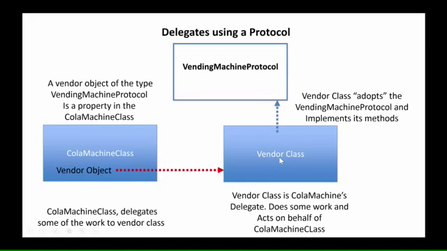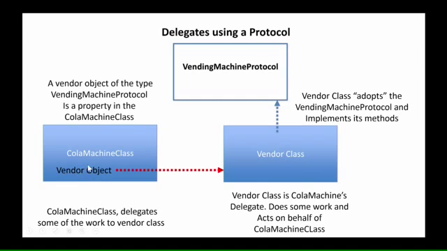Okay. Now, how do we make the vendor class a delegate of the cola machine class? Okay, this is how we do it. When an object of the vendor class is made, we create a property in the cola machine class, which is an object of the vendor class, and we make it a property inside the cola machine class.